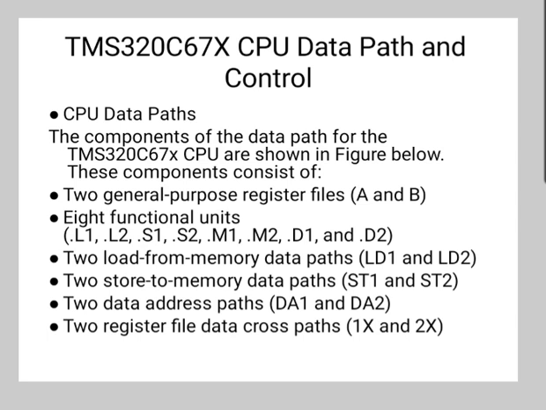So the components of the data path for the TMS320C67X CPU consist of two general purpose register files A and B, and 8 functional units, that is L1, L2, S1, S2, M1, M2, D1 and D2.